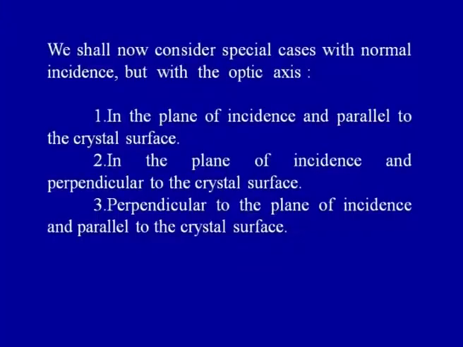We shall now consider special cases, with normal incidence again, but with the optic axis in the plane of incidence and parallel to the crystal surface, or in the plane of incidence perpendicular to the crystal surface, or perpendicular to the plane of incidence and parallel to the crystal surface. Let us consider these one by one.